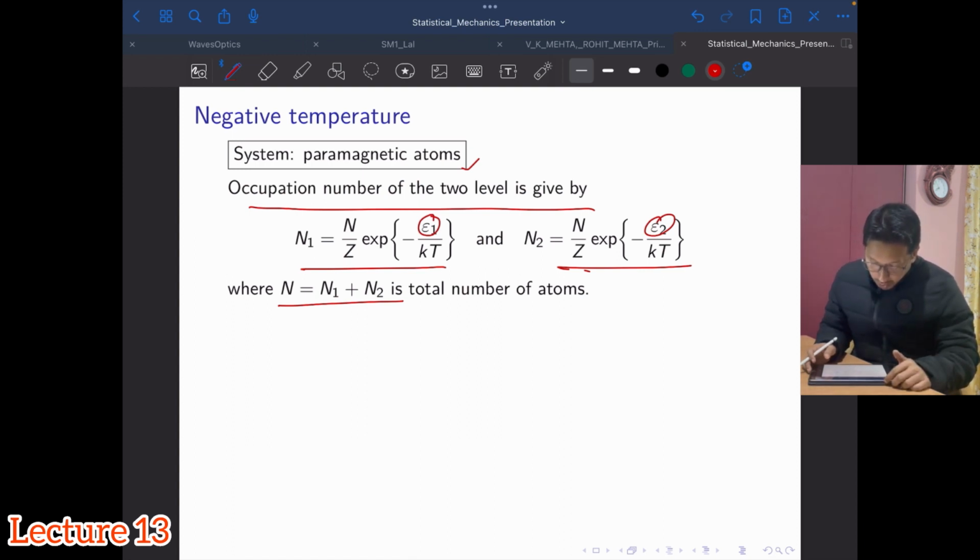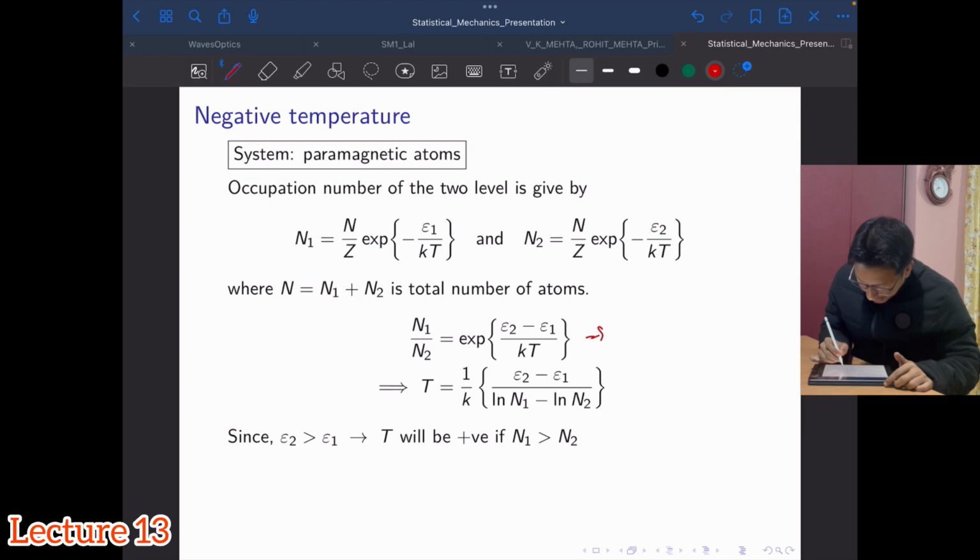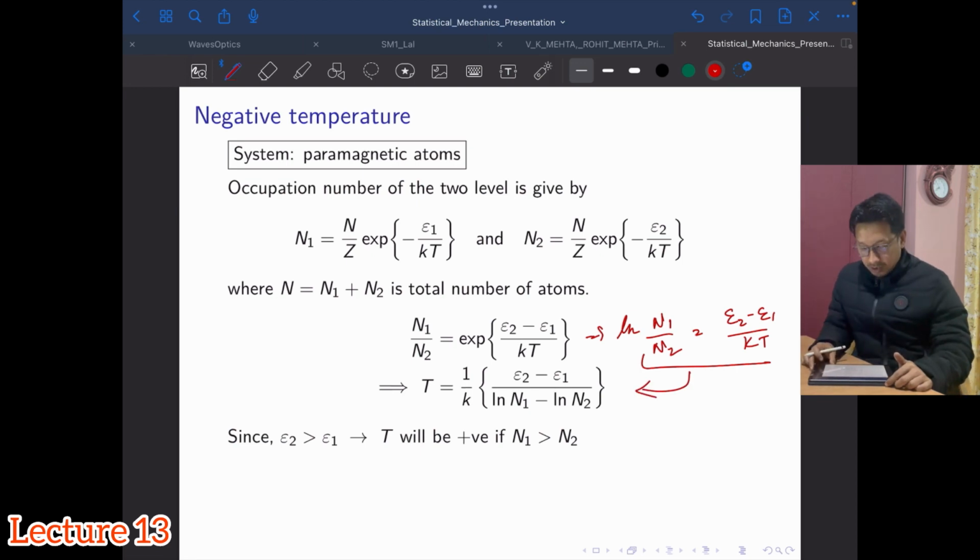Having known about its occupation numbers, I can take a ratio of both of them. Then I can calculate an expression for temperature. So from here, what do you do? Take ln on both sides. I think it is pretty straightforward. On the other side I'll get (E2 minus E1) by kT. So from this expression I can get this temperature relation.